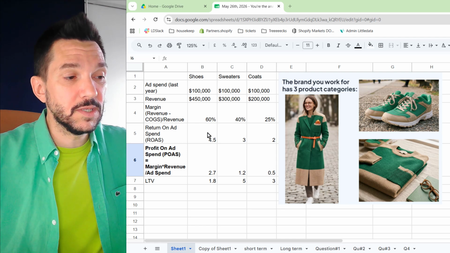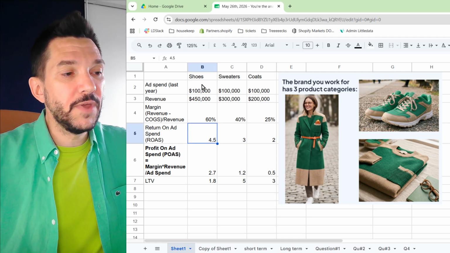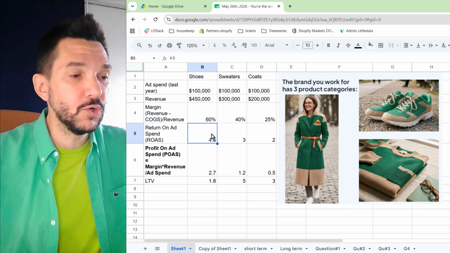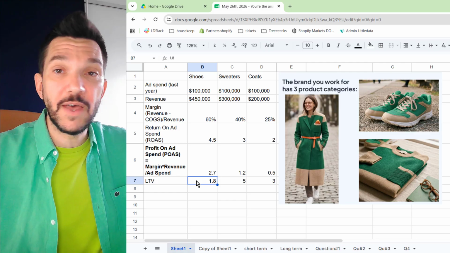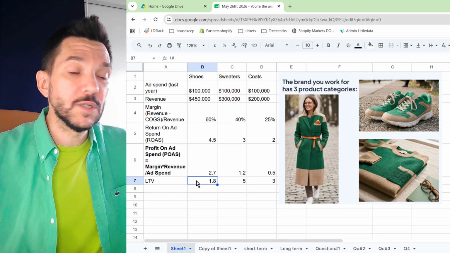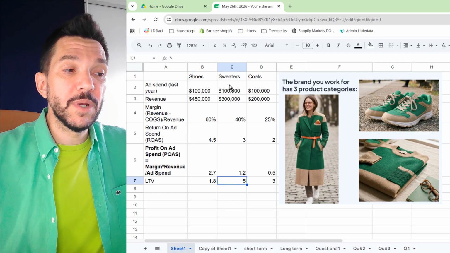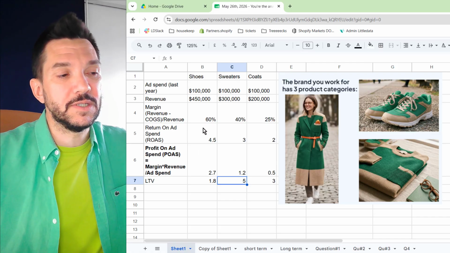Practically, return was the biggest on their flagship category, which was the shoes, but there was a small caveat: their lifetime value of the customer was way better if somebody bought a sweater first versus shoes.